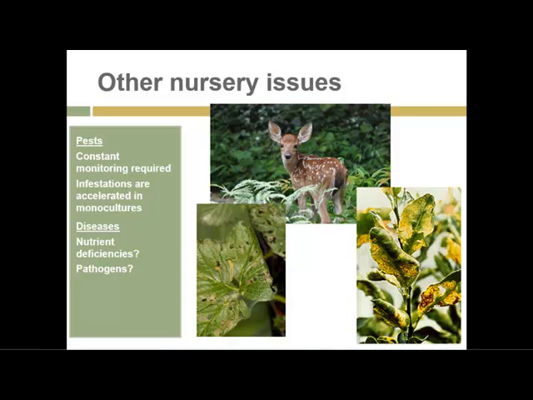And it's just a sad fact that when we raise plants under favorable conditions, and the more of the same variety that we have, the more the plants are exposed to and vulnerable to rapid spread of these harmful organisms.